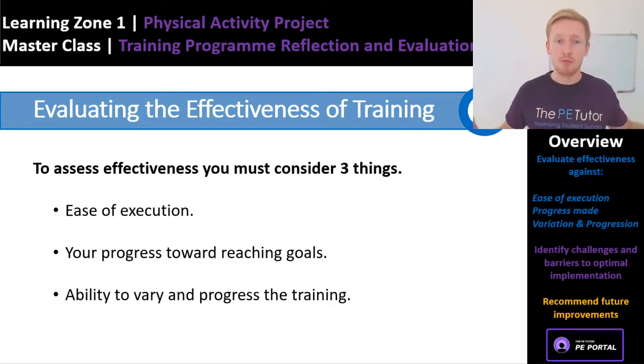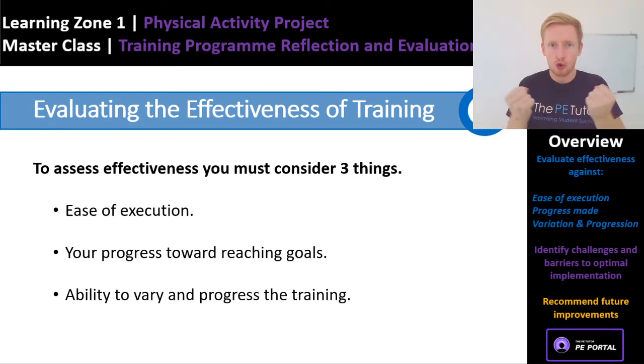Second is, well, did it make you progress? So we're going to take a look at your performance goals, which you set after performance 1, and I'm going to talk you through how you can analyze and compare your first performance with your second one and draw out your most significant progress, some progress, and perhaps no progress within your 4 performance goals.